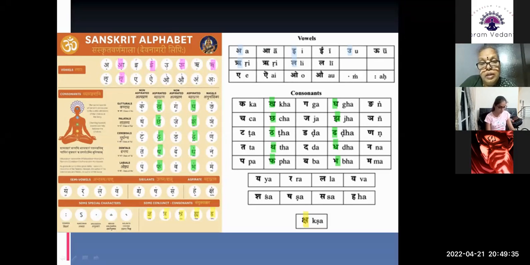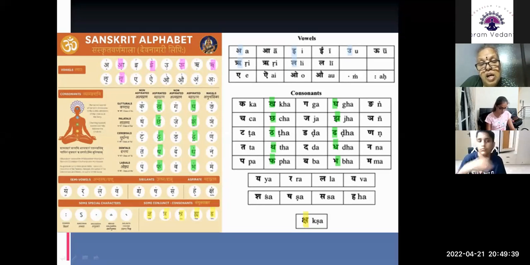Or in English, the first one and the third, Alpa Prana, are called non-aspirated. Second and fourth are called Mahaprana or aspirated. And the fifth ones are called nasals. Okay. Now let me see what is the difference between non-aspirated and the aspirated ones.